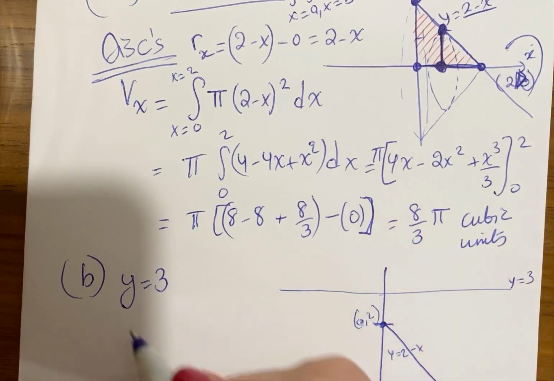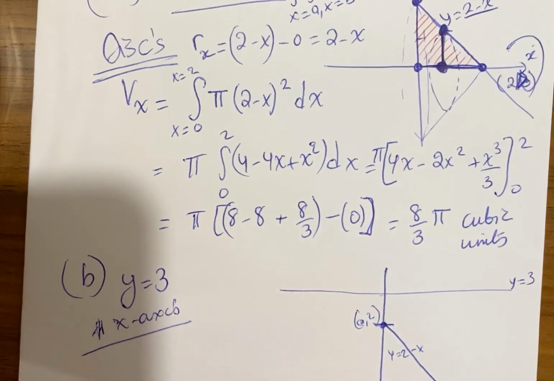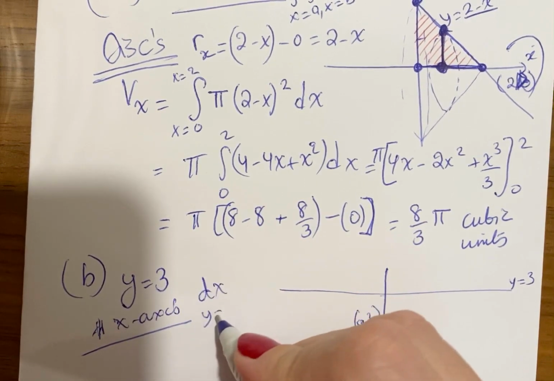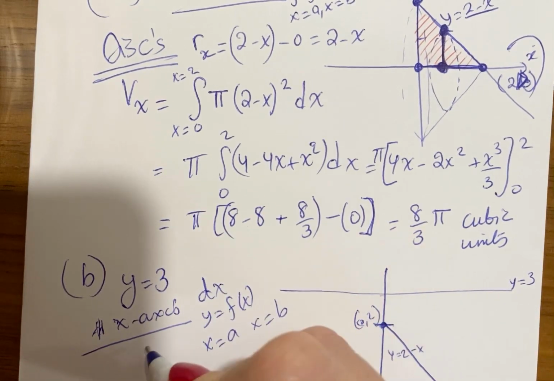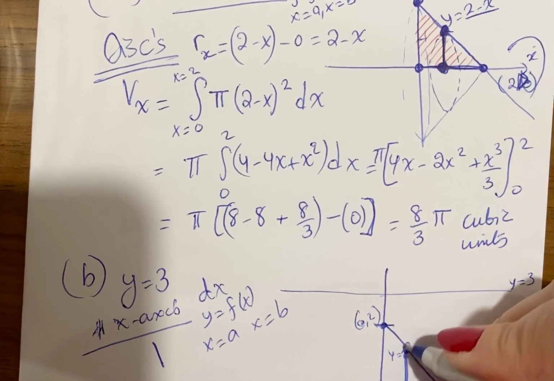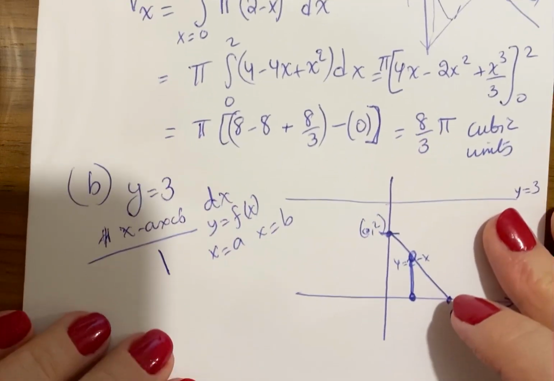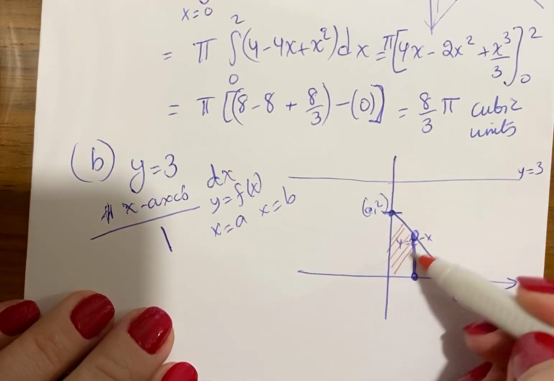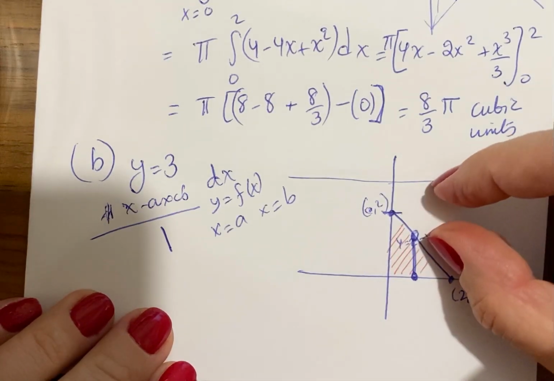It's a line parallel to the x-axis, which means it follows the same rules: dx, functions are functions of x and limits are limits of x. And what kind of lines do we draw? Vertical lines. But here, if you look, you will notice that between the region you are rotating and the line of revolution, we have an empty space.